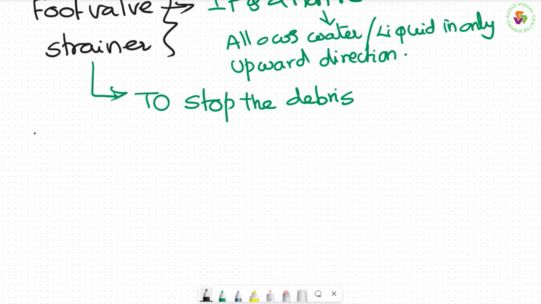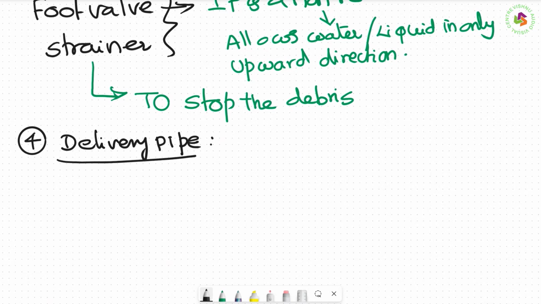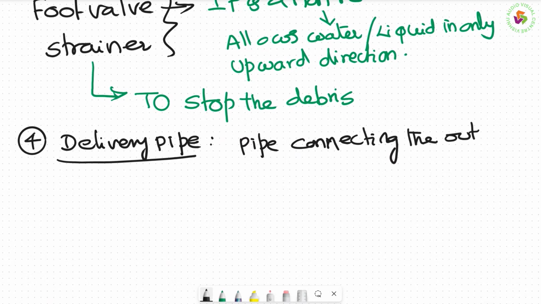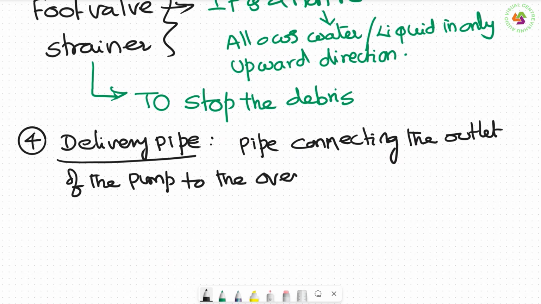And the last component is the delivery pipe. The delivery pipe is a pipe connecting the outlet of the pump to the overhead tank.